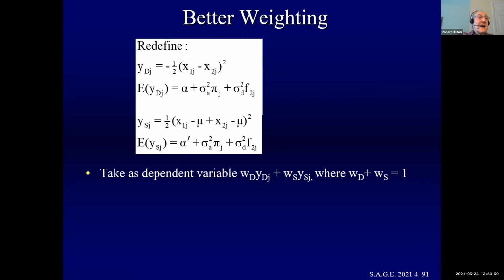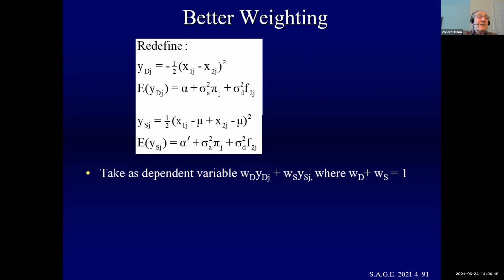So let us take as dependent variable now, instead of the original difference, a weighted average of the difference and the sum, okay? The two weights add up to 1. This is the basis for all the refinements of the original Haseman-Elston that have occurred over the years since the Haseman-Elston paper was first published.